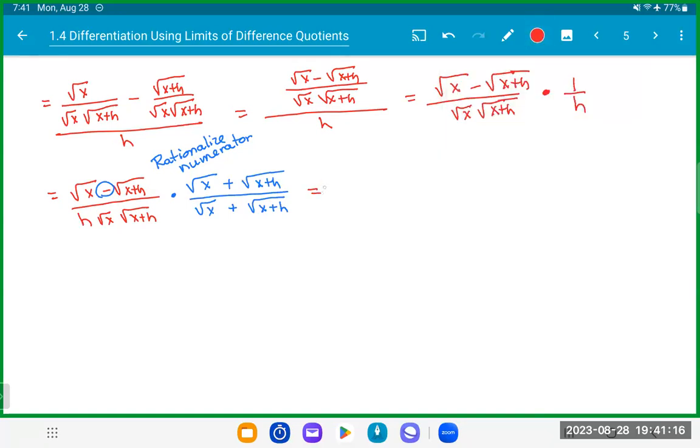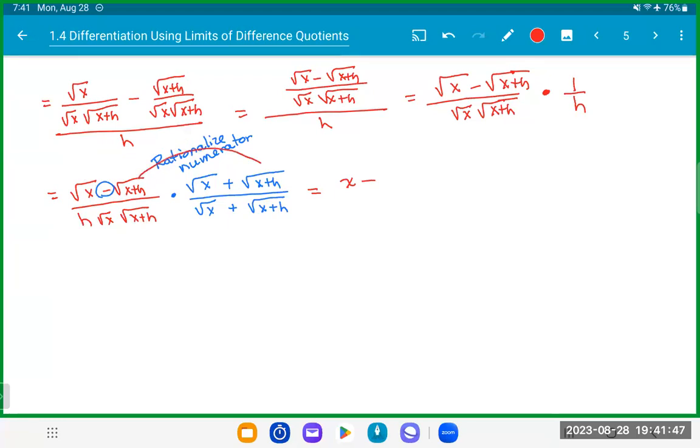So this is going to give me the square root of x times the square root of x, which gives me x. When I multiply by this, I get a minus square root of x times square root of x plus h. When I multiply this one, doing our FOIL, I get the positive, so those go away.